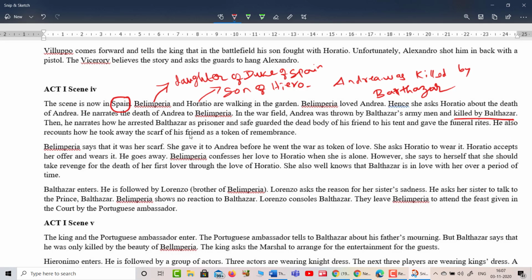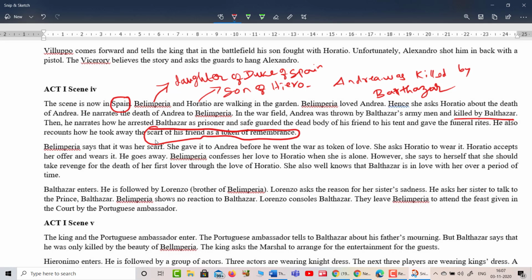He also recounts how he took the scarf, the most important symbol of love, from the dead body of Andrea as a token of remembrance, and he can give that scarf to Bel-imperia.